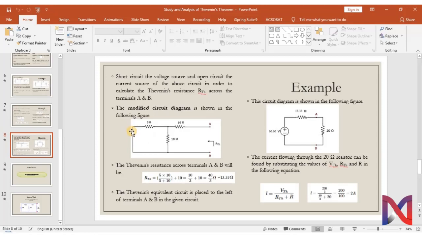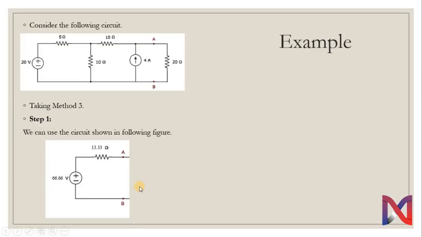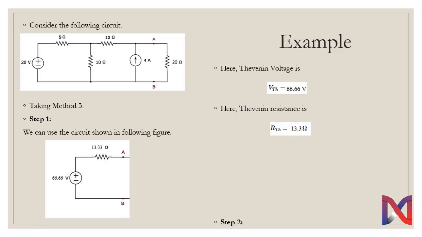We will short circuit the voltage source and open circuit the current source, and we will find our equivalent resistance, which will be 5 multiplied by 10 divided by 5 plus 10, plus 10. So we get our R Thevenin equal to 13.33 ohms. Therefore, we have Thevenin voltage equal to 66.6 volt and Thevenin resistance as 13.3 ohm.